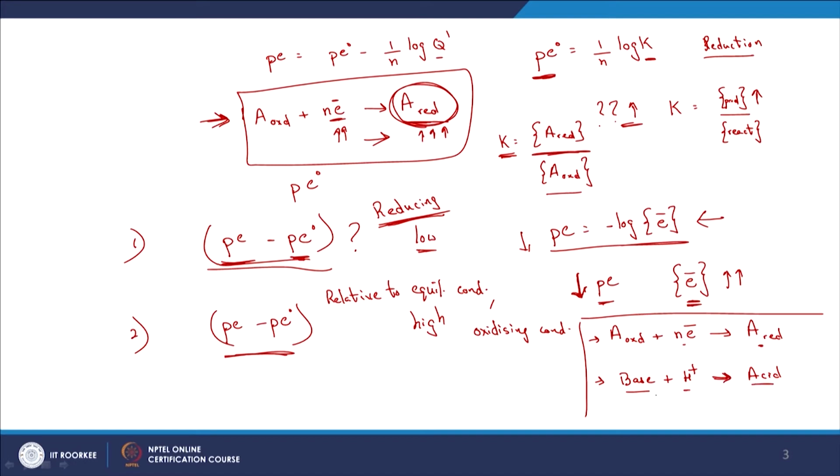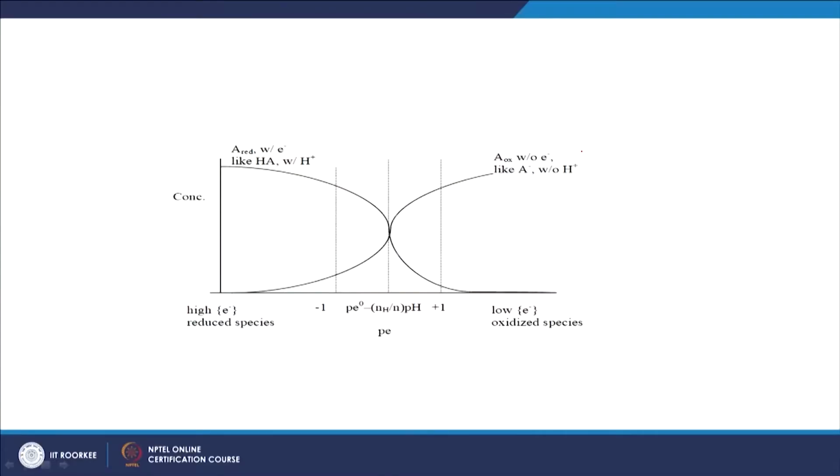From this equation 2, we can also try to draw comparisons between pe naught and the pKa values, and let us try to understand from the graph that we have in the next couple of slides. So let us understand this system in terms of the acid base reactions that we looked at, and draw that pH pKa graph that we have always looked at. This is the concentration on the y axis and pH on the x axis.